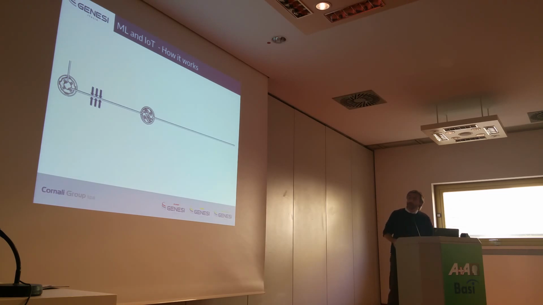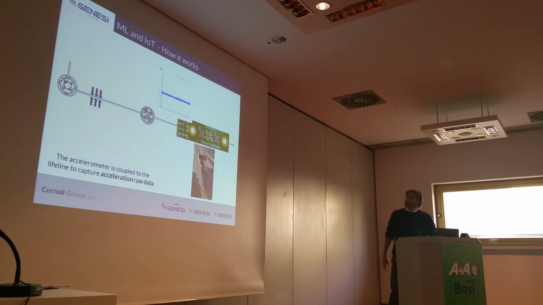So we have the lifeline, we have the vibrations generated by the carabiner, and we couple the accelerometer to the lifeline. You can see an example of the raw data acquired along the z-axis. An accelerometer can measure the acceleration along three directions, three-dimensional.